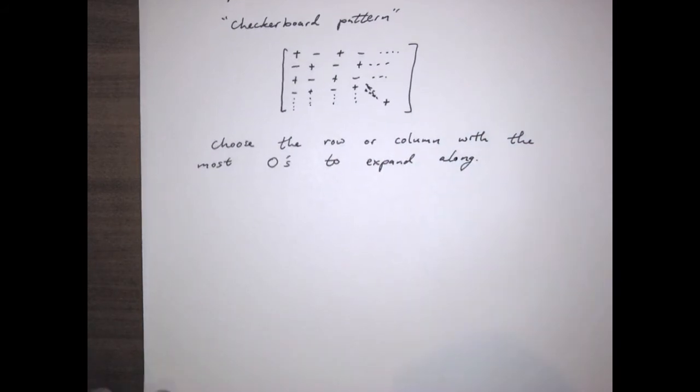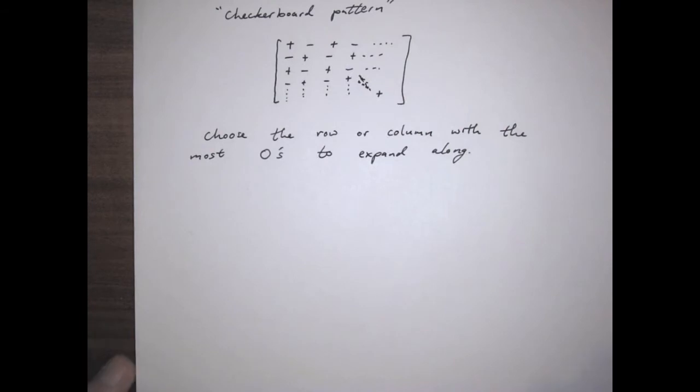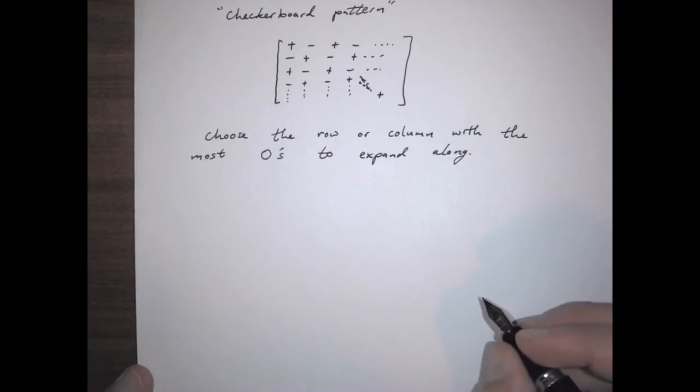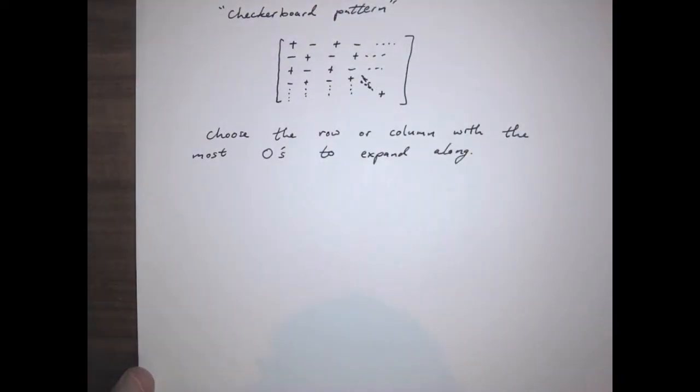So if there are any zeros, you want to focus in on them. Look for zeros. Zeros help. And then what you do is you go down that column or across that row, and you just use the checkerboard to indicate if it's going to be a plus or a minus.